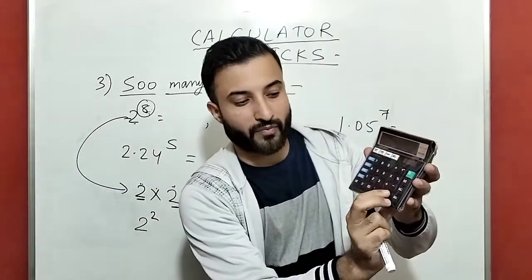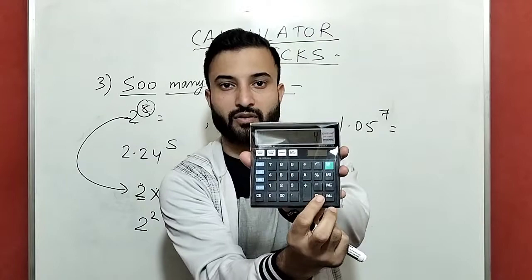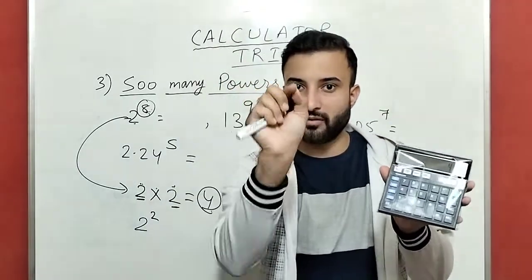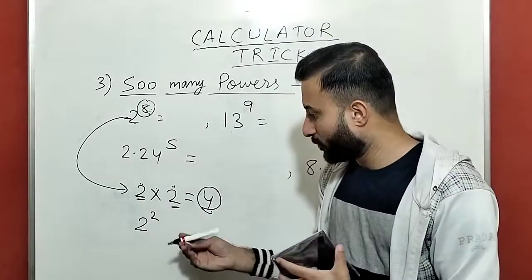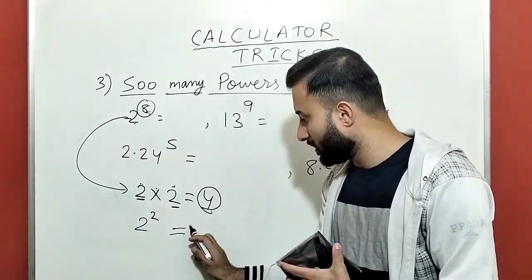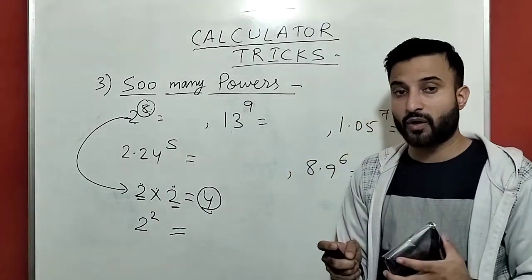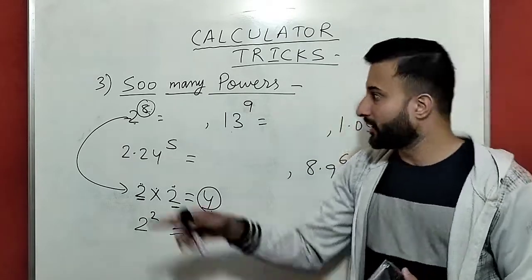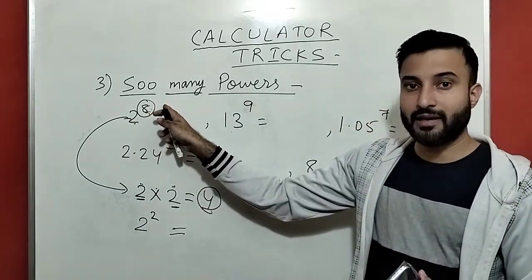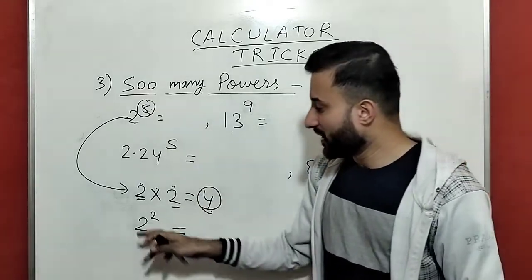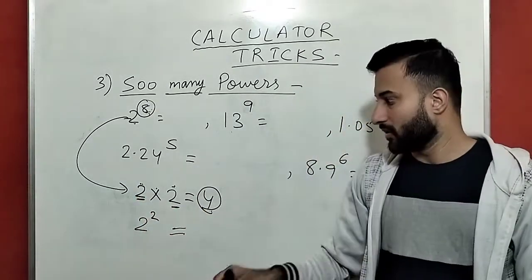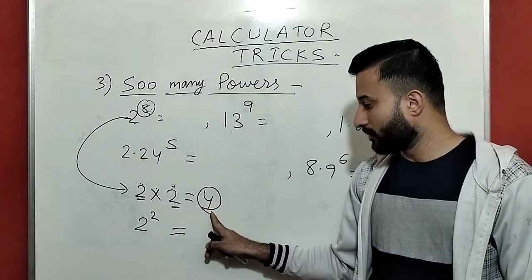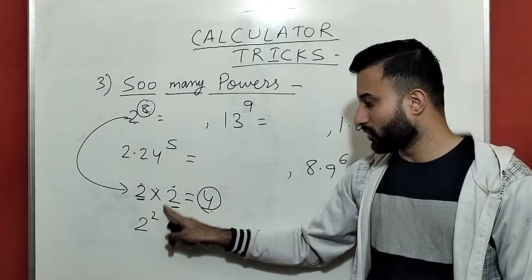So from the calculator, the equal sign we will keep on pressing. This is 2 times over. Now we have to press the equal to sign till 8. We did 2 into 2 equals 4. Done. We got 4, means 2 power 2.